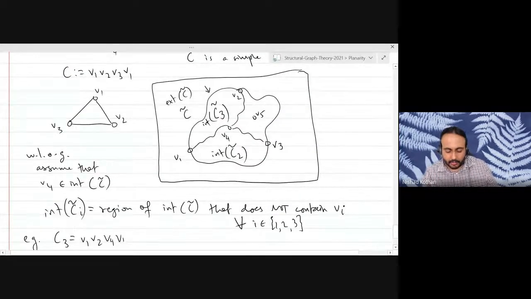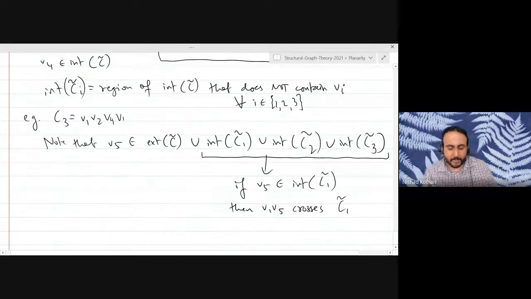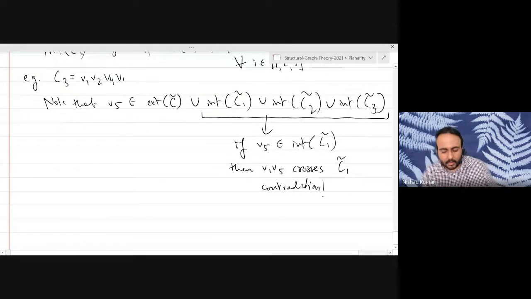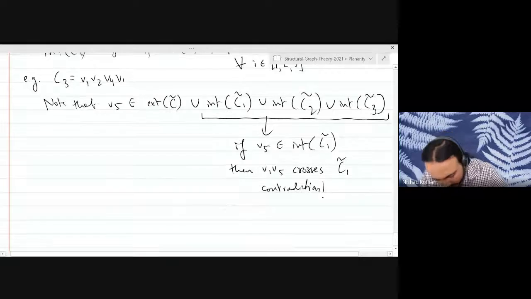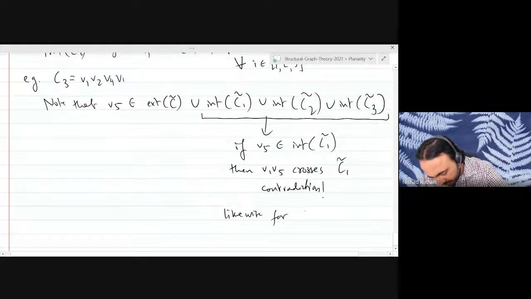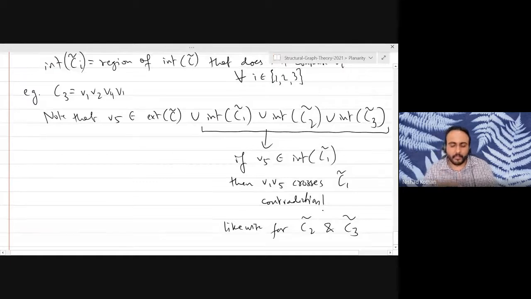You will have to cross that because V5 is in the interior and V1 is in the exterior. And that would be a contradiction. So it cannot be in C1 tilde. Likewise, it can also not be in C2 tilde and C3 tilde.